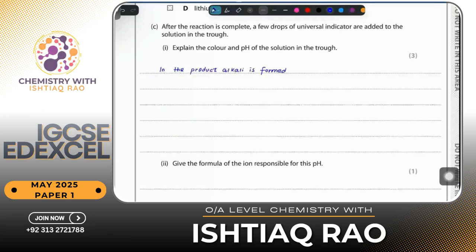For the pH of the solution, we have a range. You can write 11, 12, 13, or 14 as this is a strong base. So the pH of the solution is 12 and the color of the solution will be blue.